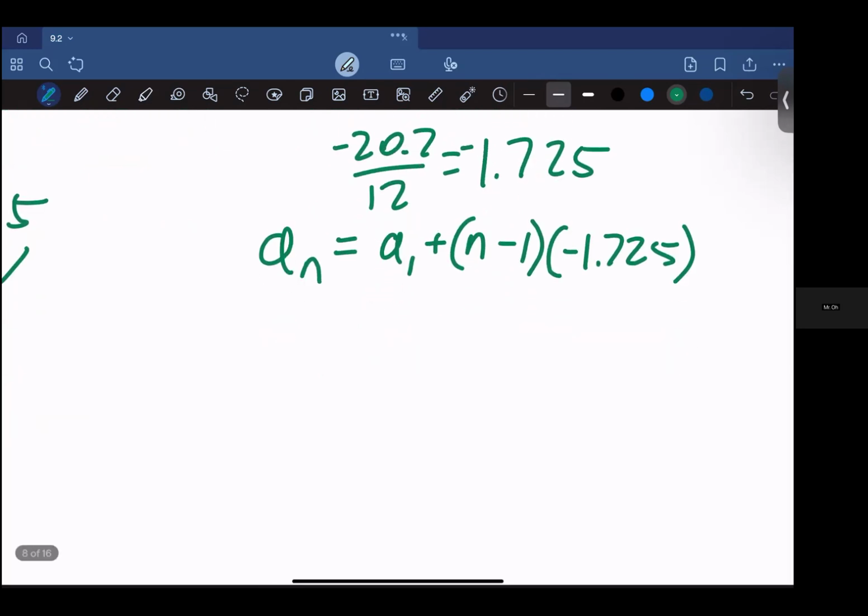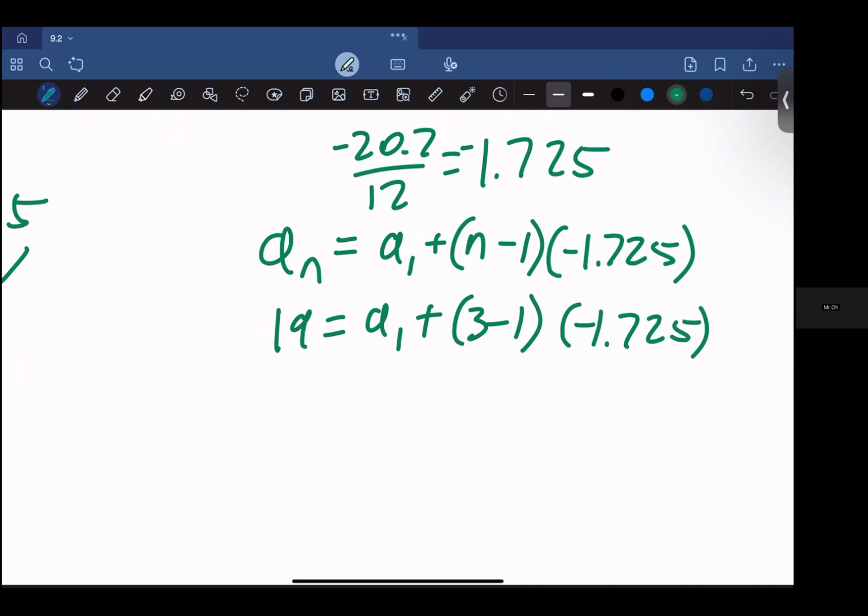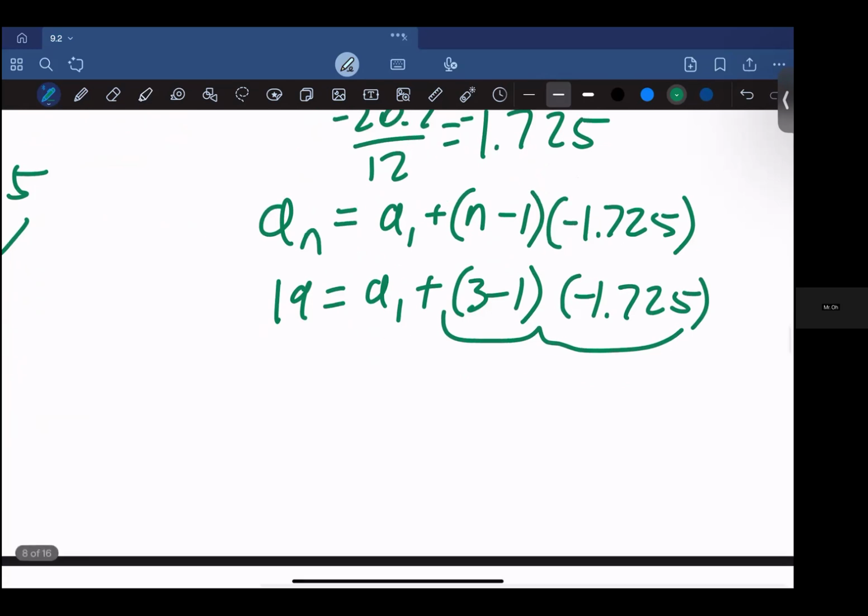And then let's plug in one of our values. We have 19 equals a1 plus 3 minus 1 times negative 1.725. If we combine all these, 3 minus 1 is 2. 2 times negative 1.725 is a number, but subtract that from 19 and you will end up with an a1 of 22.45.